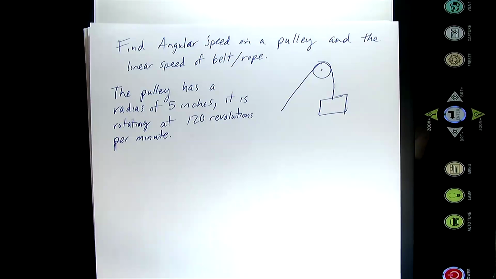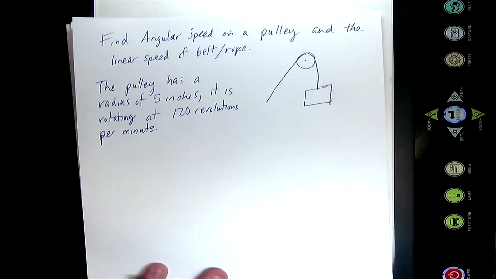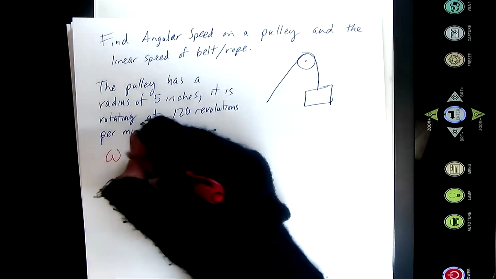And we're gonna do the very first thing, find the angle that we said, find the angular speed and the linear speed. So angular speed is omega, right?